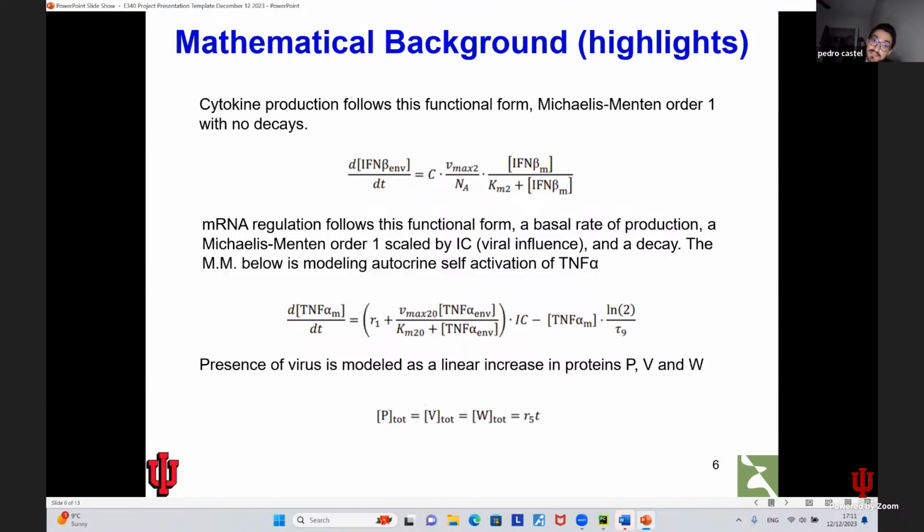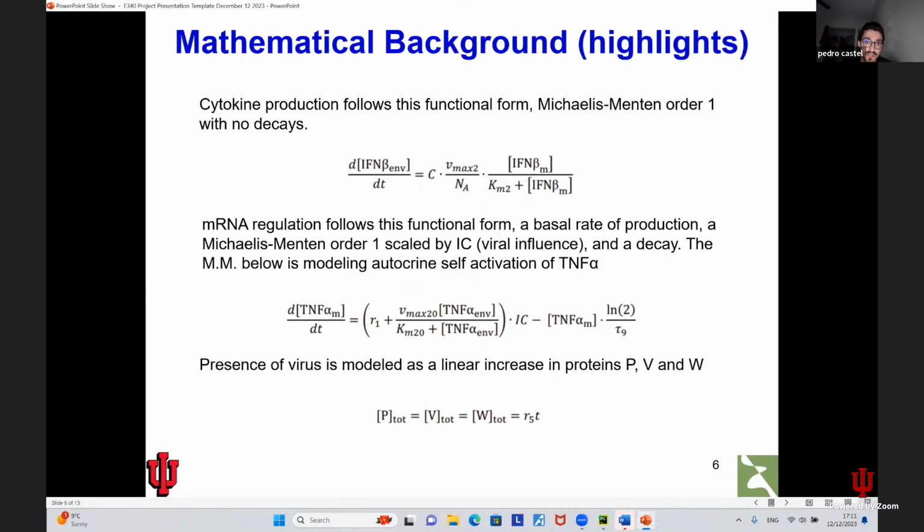So the rate of interferon beta in the environment, so it's also considering secretion, both production and secretion, is a Michaelis-Menten function of interferon beta mRNA.